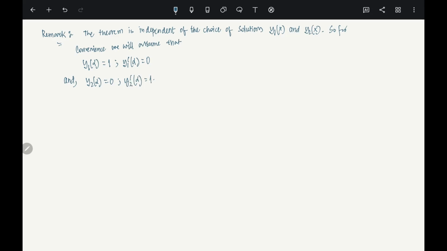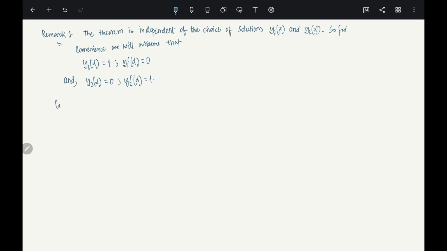We can assume this, right? This is the initial value problem. How do we get y1 and y2? It corresponds to the initial data (1, 0) and (0, 1). That's how we deduce the fundamental solution. This is why you can just assume it like this. So y1 and y2 satisfy these two data.